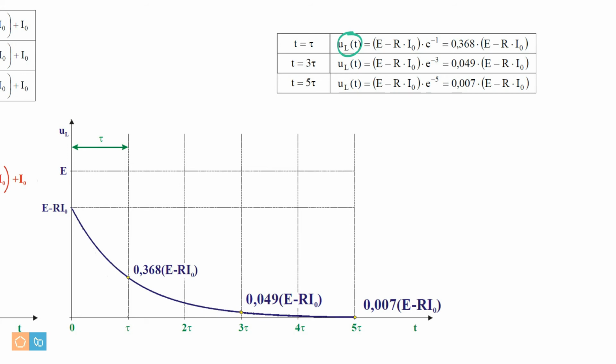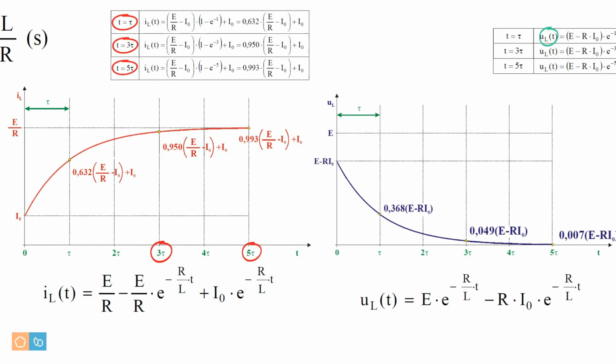In conclusion, we can see that the initial value of IL of 0 equals I0, and the initial value of UL of 0 equals E minus R times I0.